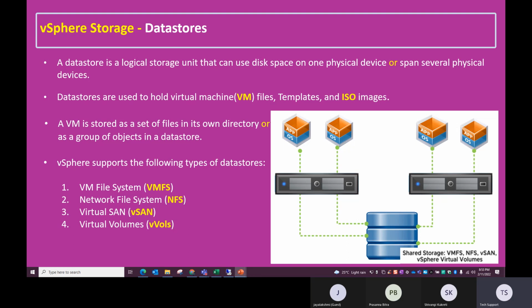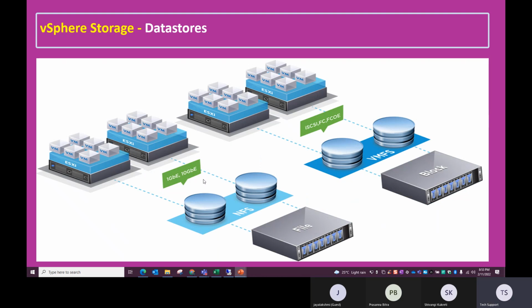You can take the storage and create virtual volumes on any type of storage container, whether it is an FC SAN container or a NAS container. Once we are familiar with the first three data stores, we can easily understand virtual volumes. So hope you are clear about this diagram.